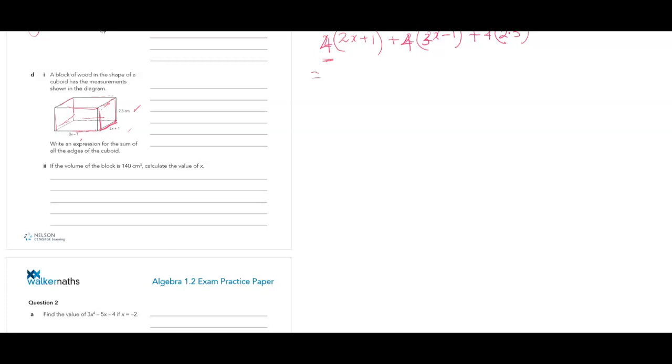Now I'm going to expand and simplify. 8x plus 4 plus 12x minus 4 plus 4 lots of 2.5, which will be, I think, 10, right?